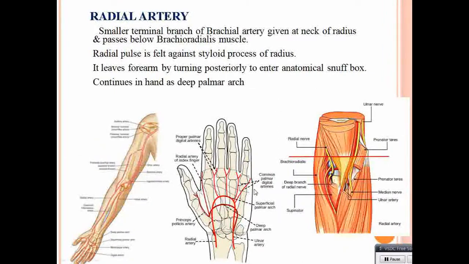Radial artery. So we have seen the brachial artery divides into radial and ulnar arteries. So radial artery is a smaller terminal branch of brachial artery given at the neck of radius. So it's given at the neck of the radius.